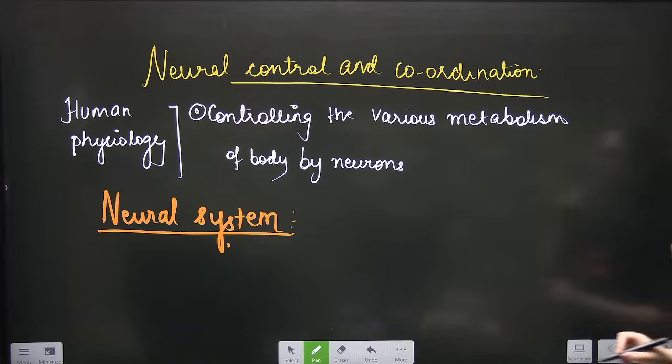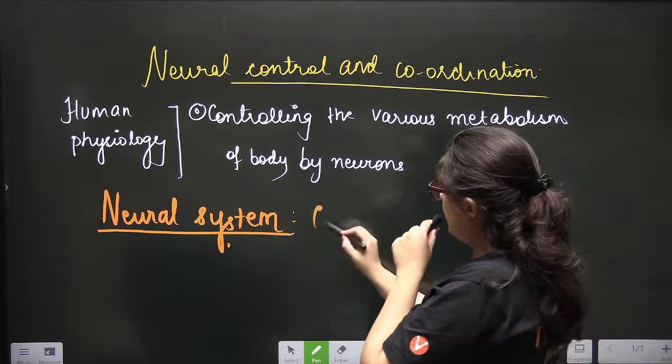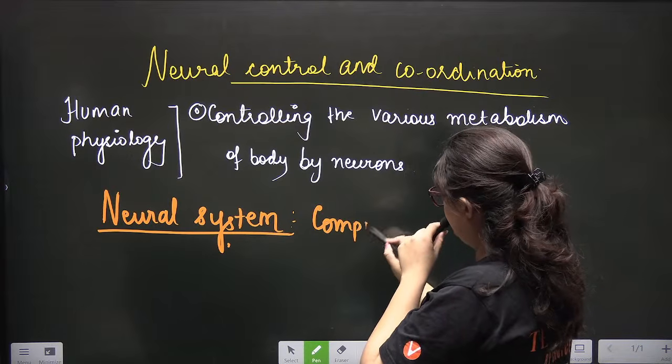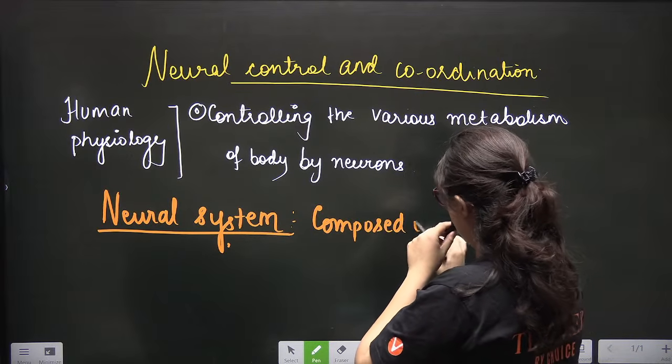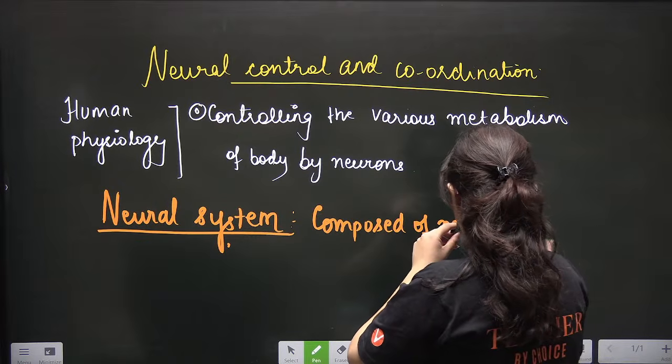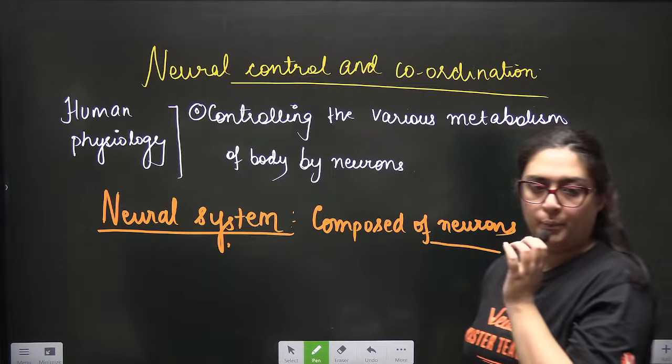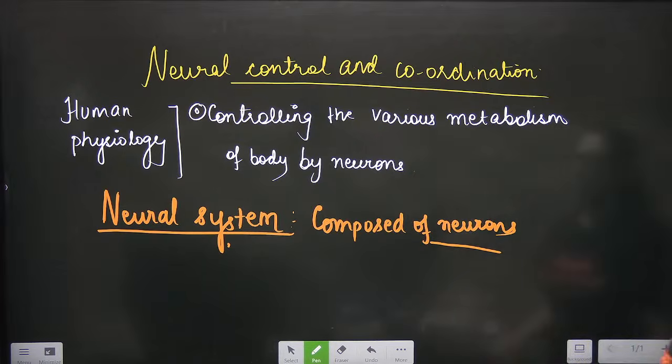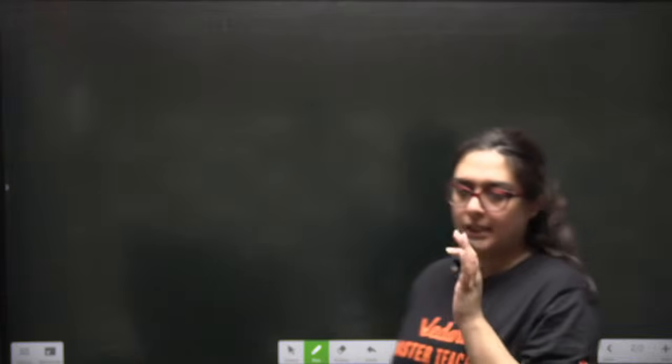Neural system. Now this neural system is composed of neurons. Now, a neuron is not a single entity.